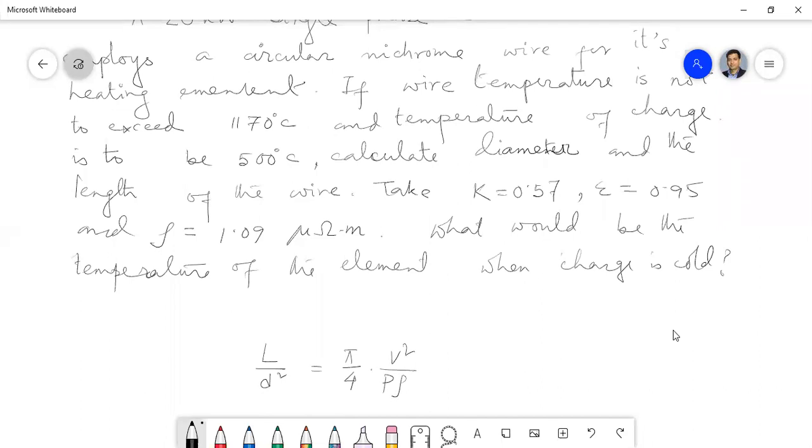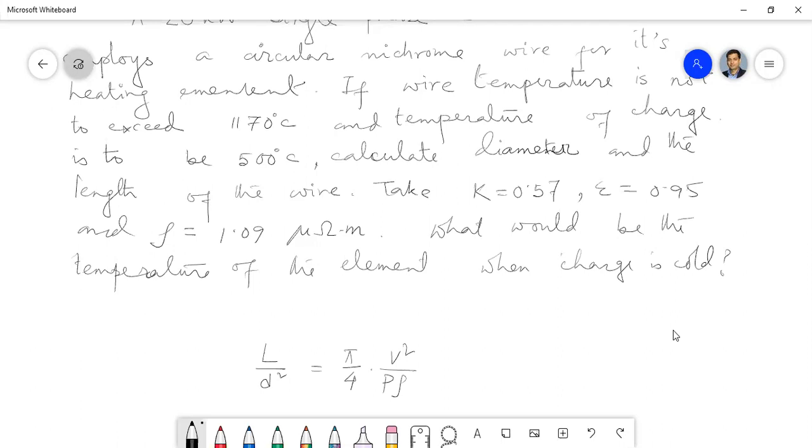Now the voltage is given, power is given. Yes, sir. Power is given as 20 kilowatts. Okay, what else do you need? Voltage, sir. Voltage is also given as 220 volts. Everything is given.